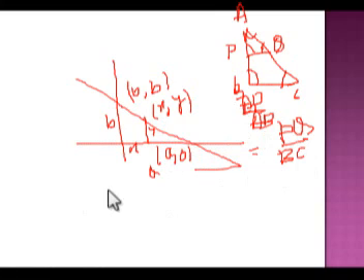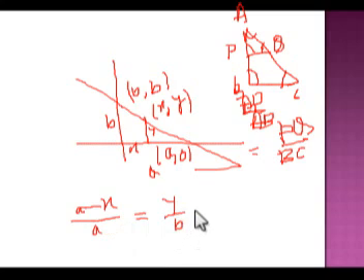So here it will be that a minus x by a is equal to y by b. So we have the relation here: 1 minus x by a is equal to y by b.